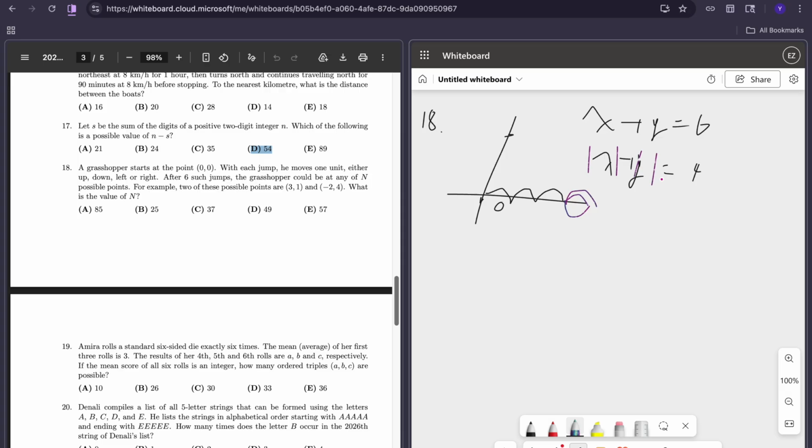So it's impossible in this case to get an odd sum for the absolute value of x plus the absolute value of y, since every 2 moves you either increase by 2 or increase by 0.